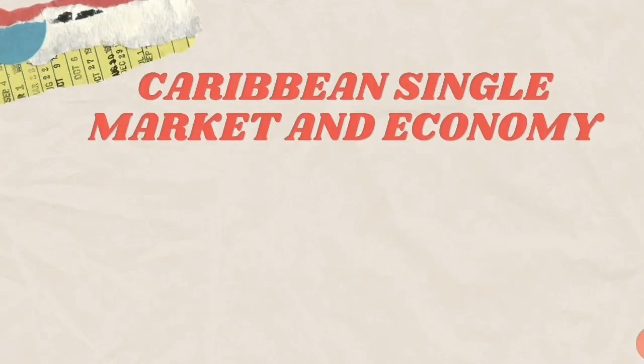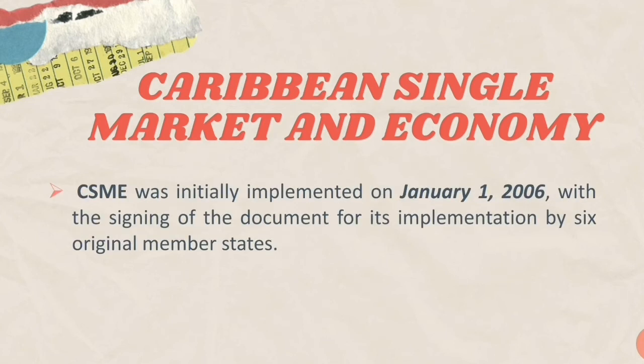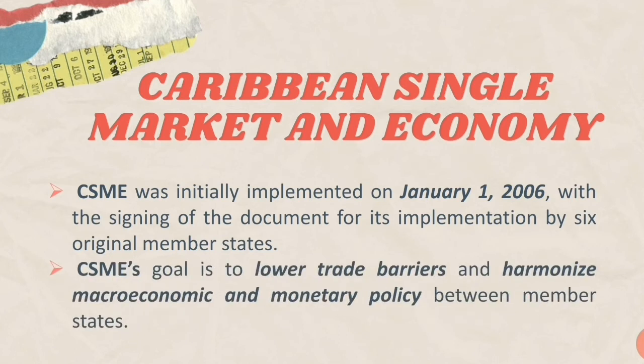The Caribbean Single Market and Economy. It was initially implemented on January 1, 2006, with the signing of the document for its implementation by 6 original member states. The goal of CSME is to lower trade barriers and harmonize macroeconomic and monetary policy between member states.